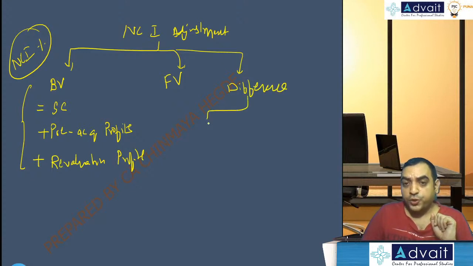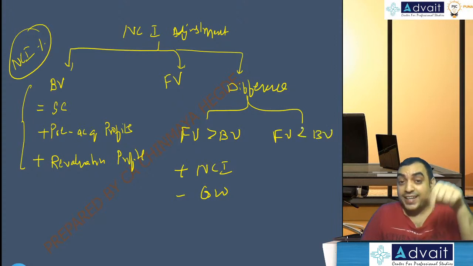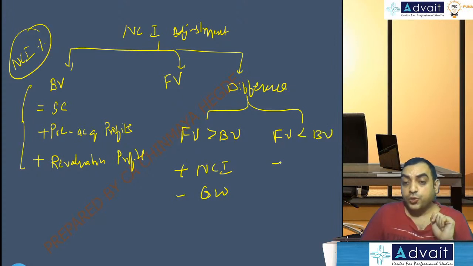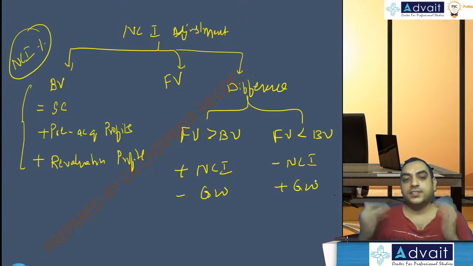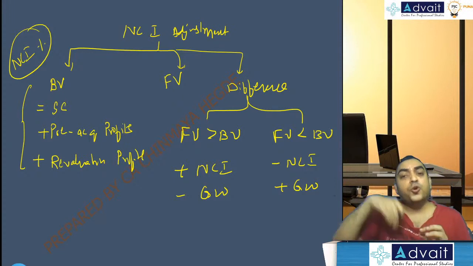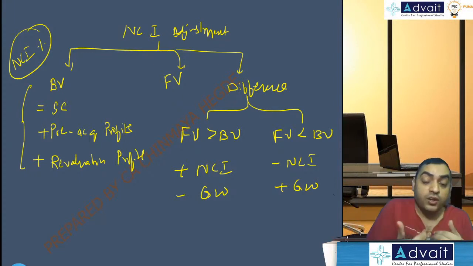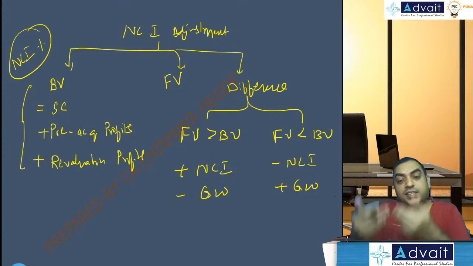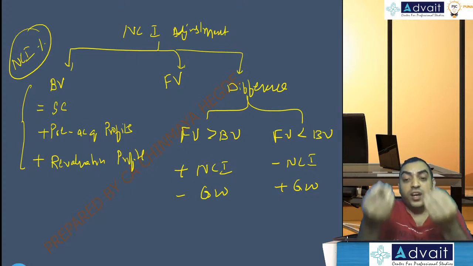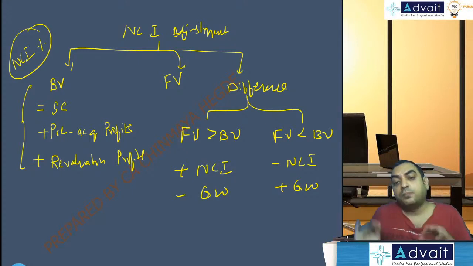Now you have 2 scenarios. If fair value is more than book value, then plus in NCI, minus in goodwill. If fair value is less than book value, like in this case, you do minus in NCI, plus in goodwill. Simple: book value, fair value, difference.